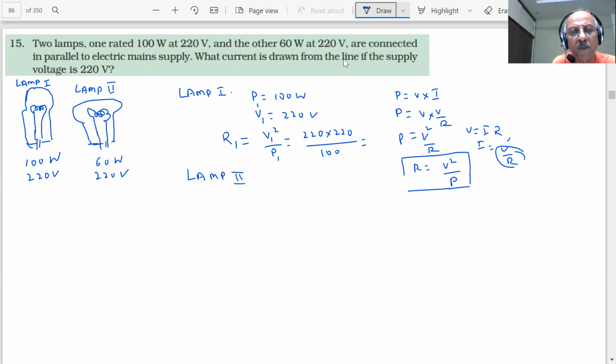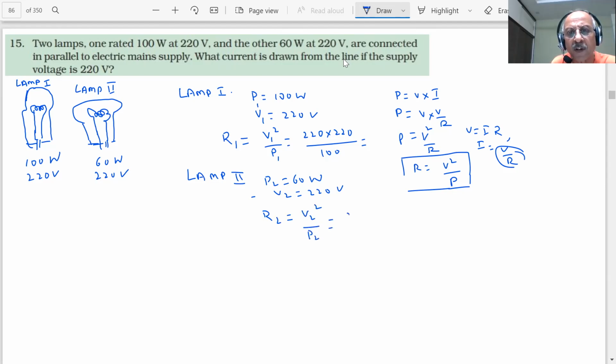Lamp 2, R2. What is P2? 60 watt. V2 220 volt. Then what will be the value of R2, students? Resistance of lamp 2. V2 square by P2.